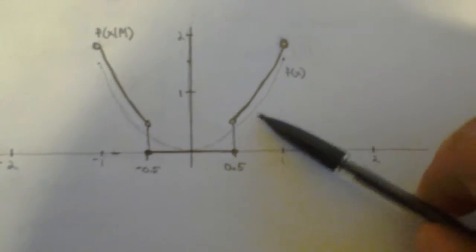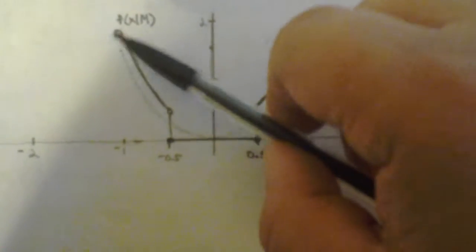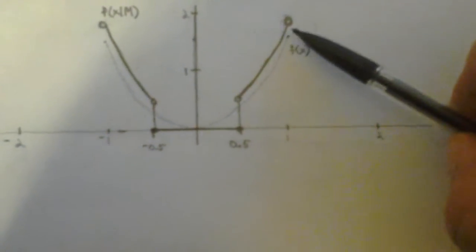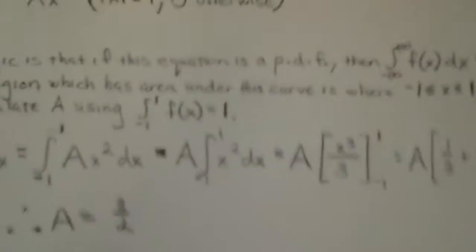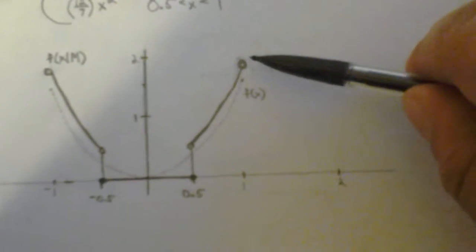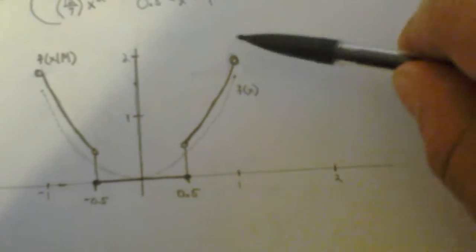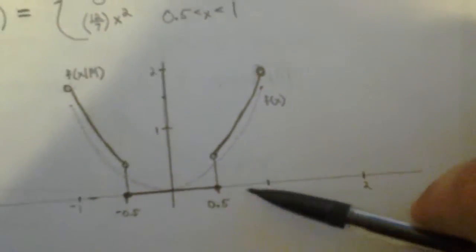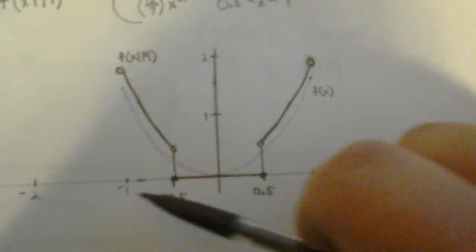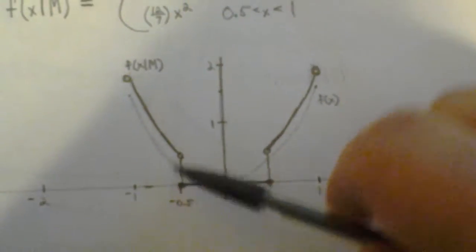Now, if we draw that out, notice how lightly we drew out the original f of x equation, this quadratic, which corresponded to the 3/2 x squared. Notice how things have changed. The curve has gotten steeper and is only defined between 0.5 and 1 and between -1 and -0.5.